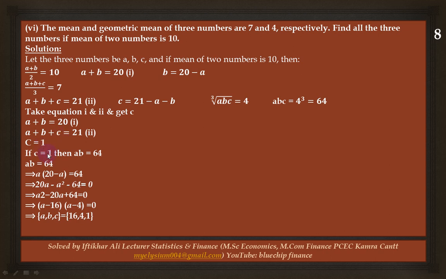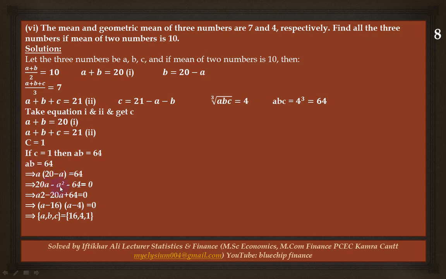So if c is 1, then ab equals 64. Since b equals 20 minus a, and abc equals 64 with ab equal to 64, it becomes a times (20 minus a) equals 64.